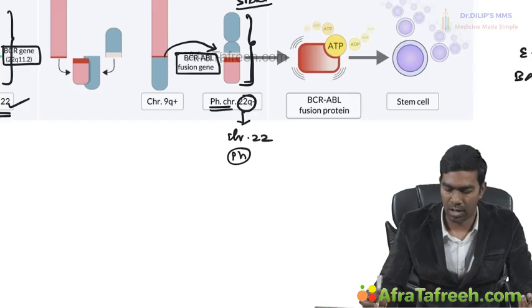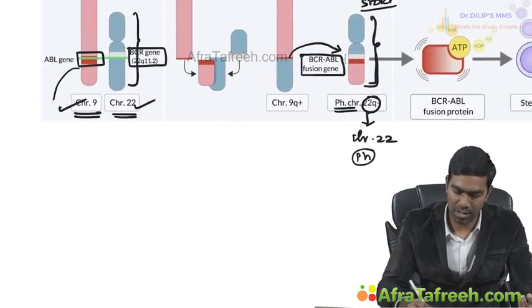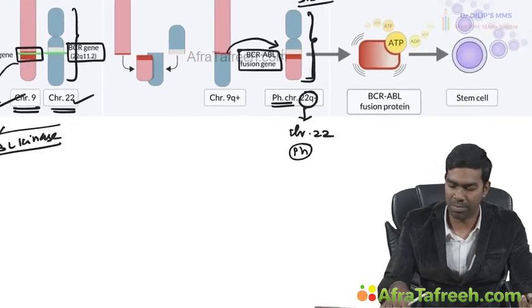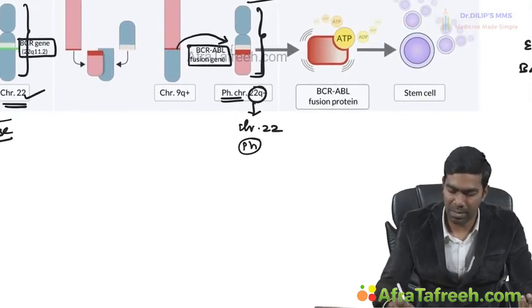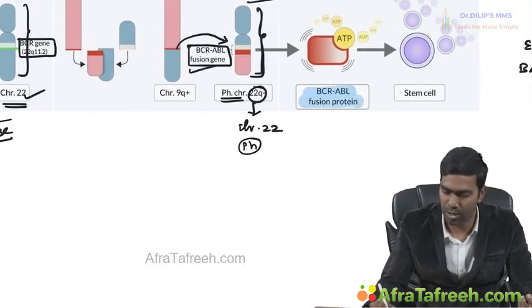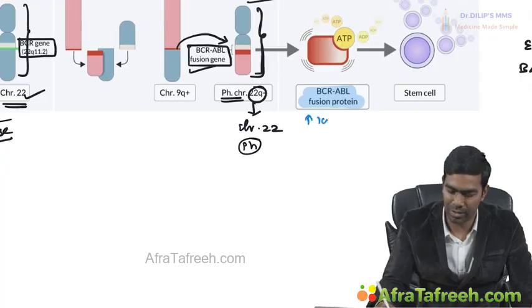Remember, normally this ABL gene produces an ABL kinase. Now, because of the BCR-ABL fusion gene, they will produce a new form of fusion protein called the BCR-ABL fusion protein. This fusion gives a kick to the ABL kinase protein, which means they are going to have increased kinase activity.